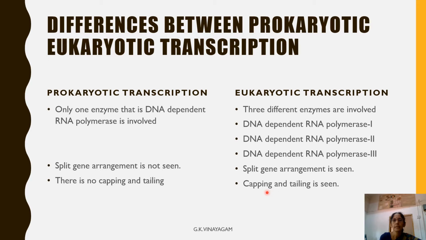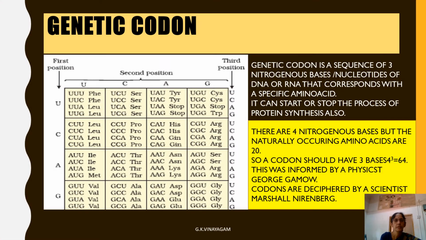It is the addition of methyl guanosine triphosphate at the 5' end of hnRNA. And tailing is the addition of polyadenylate residue at the 3' end of hnRNA. So these are the major differences between prokaryotic and eukaryotic transcription.